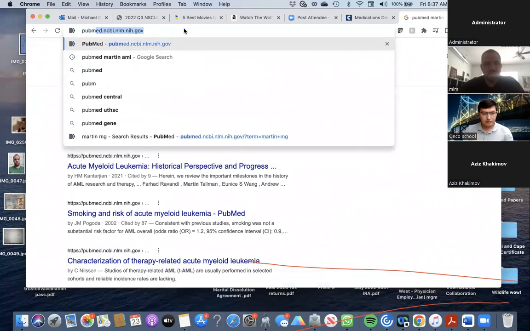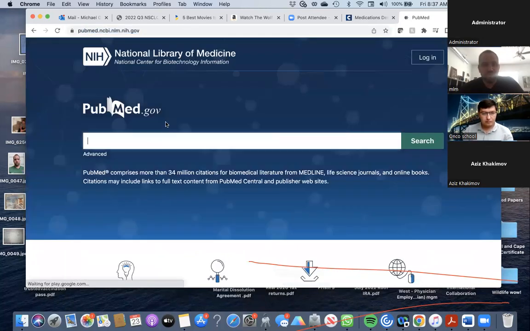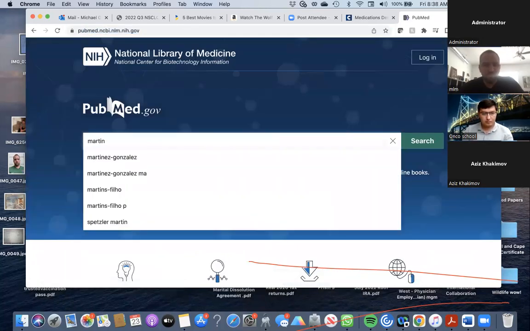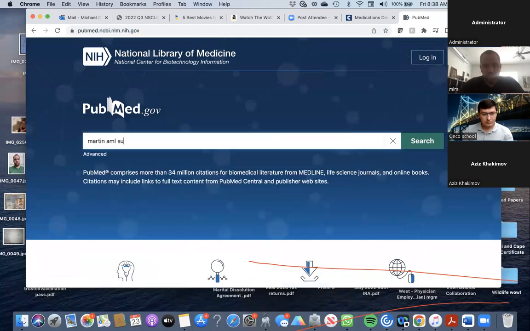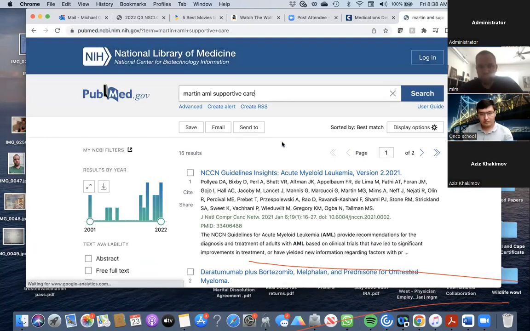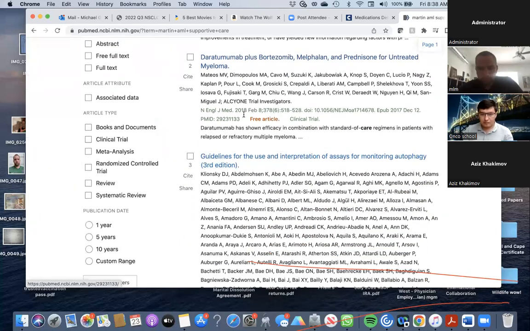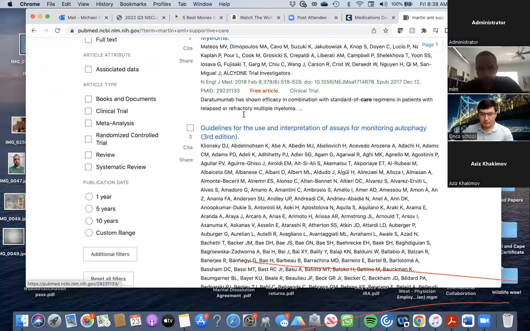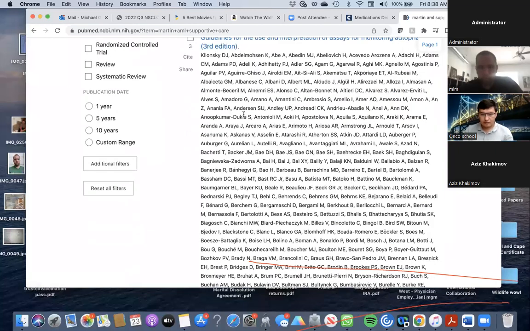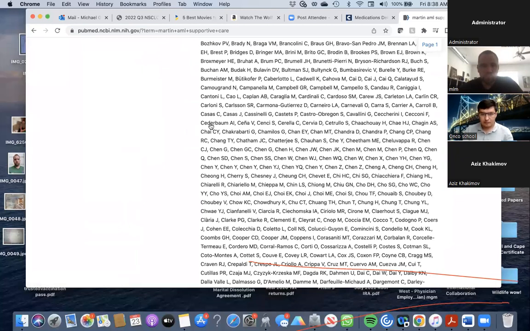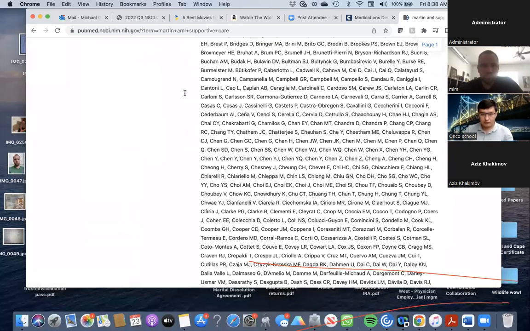This is the typical supportive care that we would do in the US. So this is just AML guidelines. That paper has way too many authors. Hold on one second, I will find it.